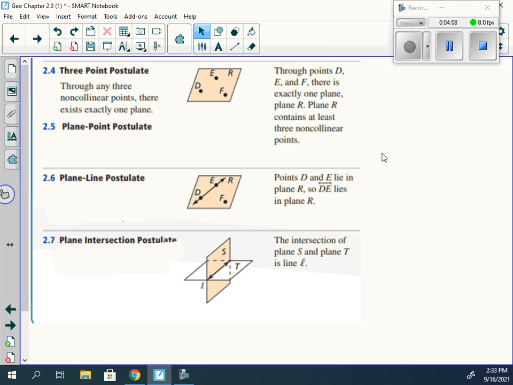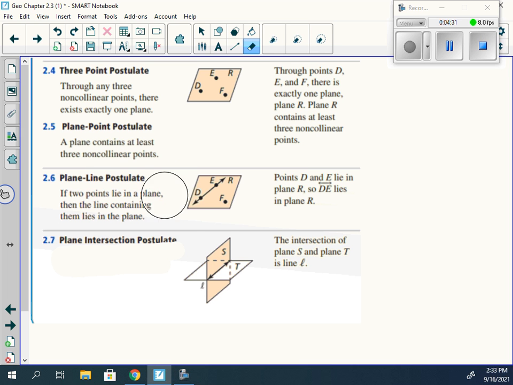Now the plane point postulate, just like the 2-point postulate and line point postulate, they kind of work about the same. The plane point postulate states that a plane contains at least 3 points. So plane R contains 3 points. That's all there is to it.